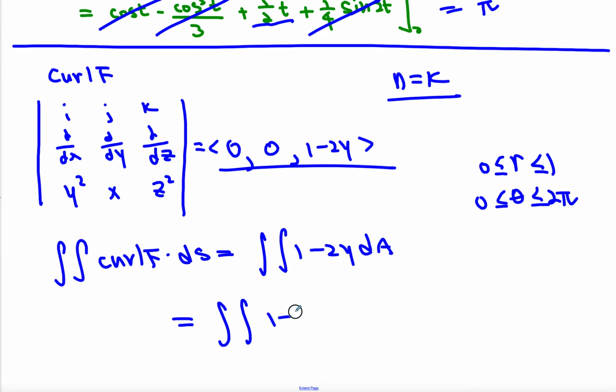So 1 minus 2 times r sine theta times r, and then we have dr d theta, 0 to 1, 0 to 2 pi.